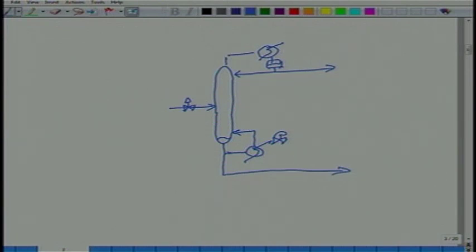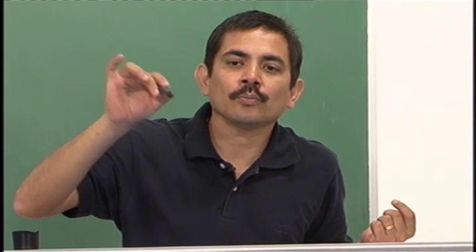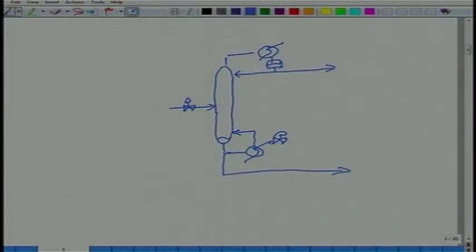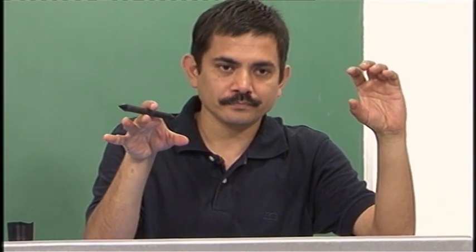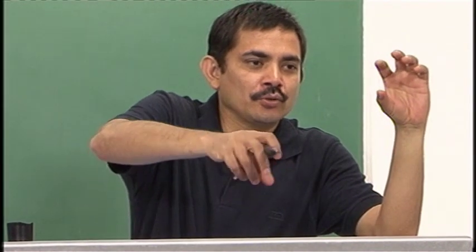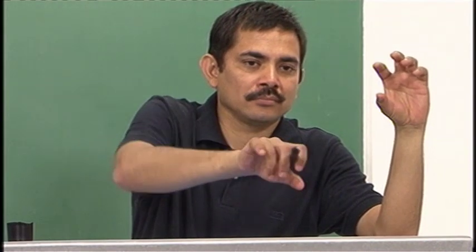The reboiler is hot, the bottom sump is slightly colder, and because of whatever convective effects the liquid actually flows like this automatically. So, there is no pump here to make the liquid flow. Whenever I show a valve, that means there is a pump that is driving the flow, and the valve can be adjusted to get whatever flow you want.